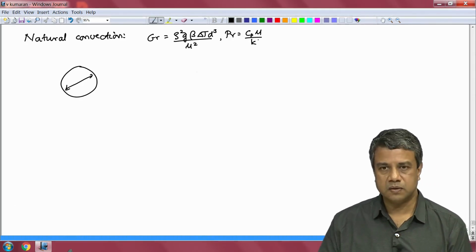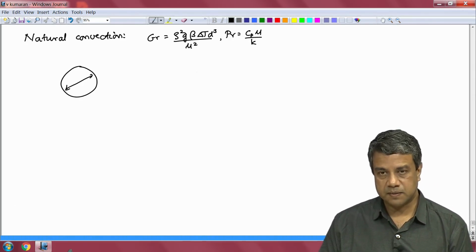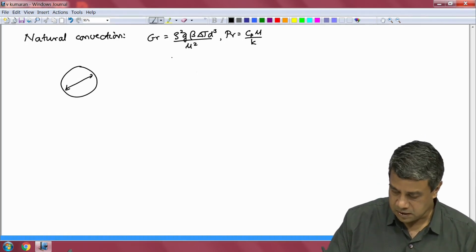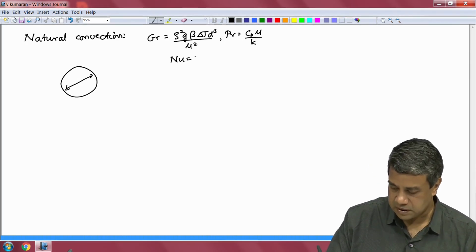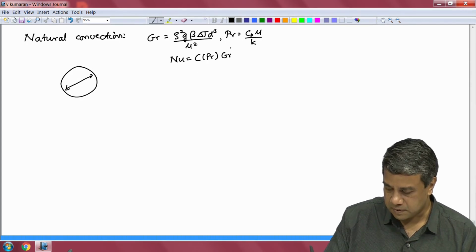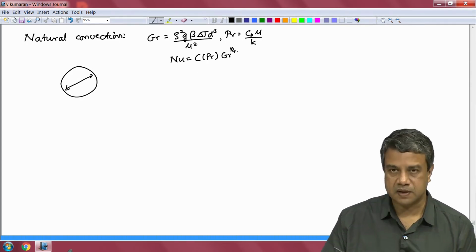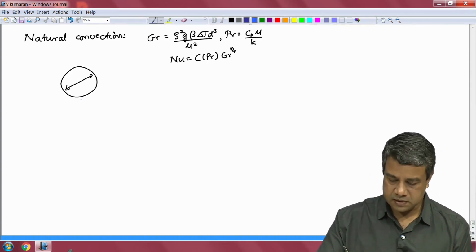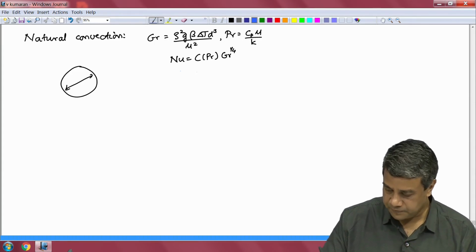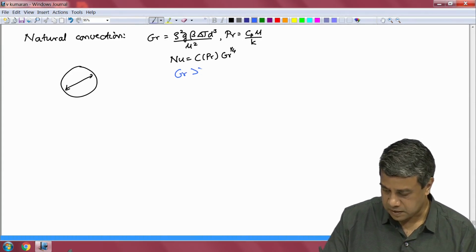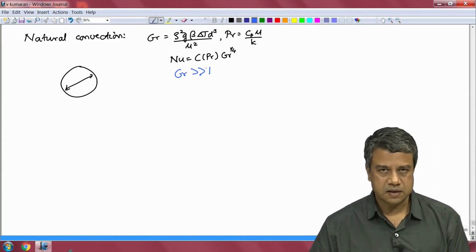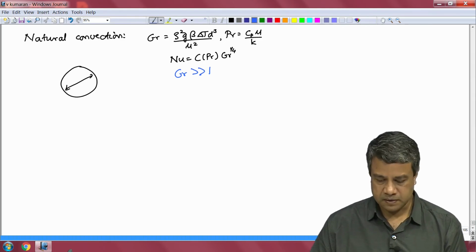These are the two independent dimensionless parameters, and the correlation for the Nusselt number is it is equal to some constant which depends upon Prandtl number times Grashof number to the 1/4 power. In this case also, in the limit of Grashof number much larger than 1. This correlation applies in the limit of Grashof number much larger than 1.